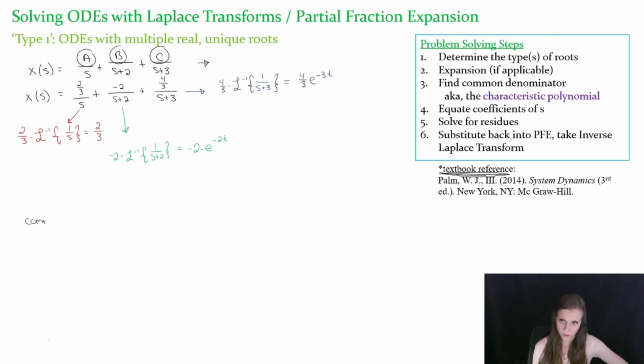And therefore, our complete solution in the time domain is x of t equals 2/3 minus 2e to the -2t plus 4/3 e to the -3t, all multiplied by u of t.